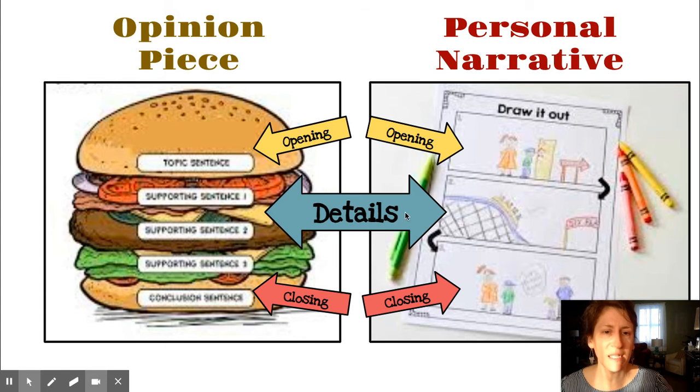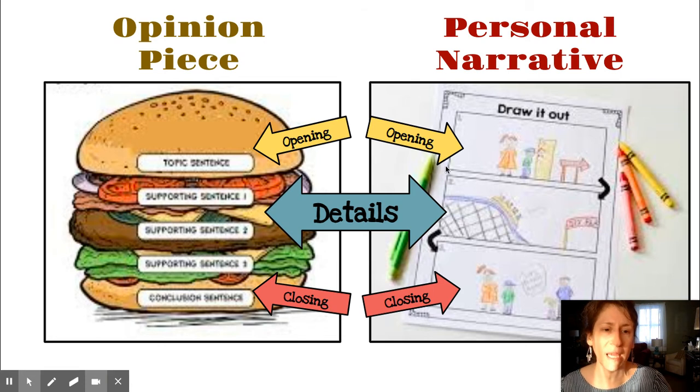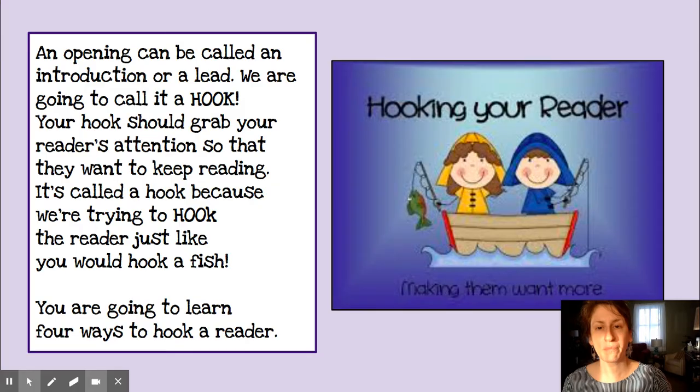Then we're going to have our details in order, which we think about sort of like the middle of the story, all the details. And then again, we have a closing that's going to wrap it up and sort of draw our attention back to the beginning, just like we did in the opinion piece.